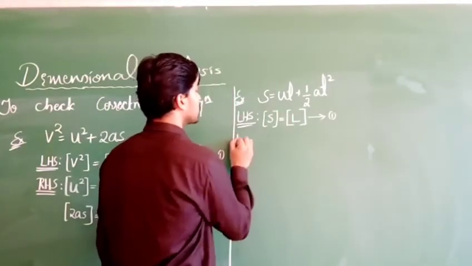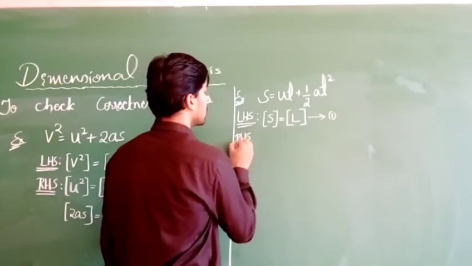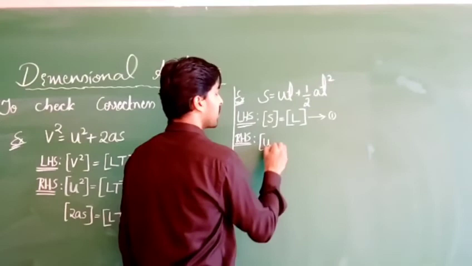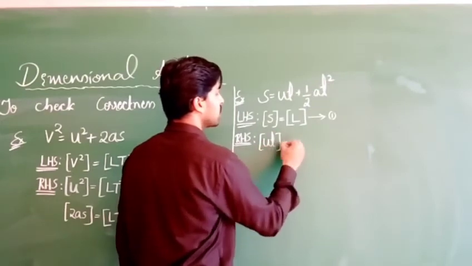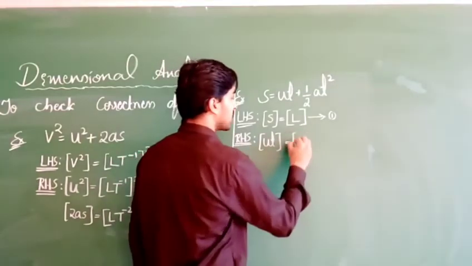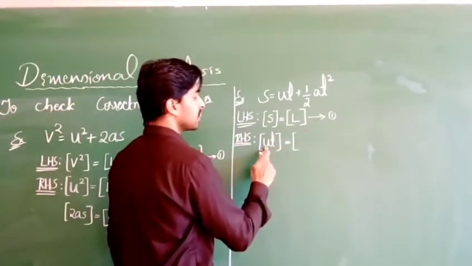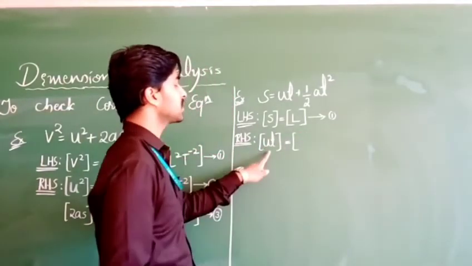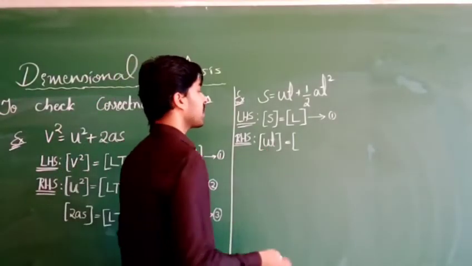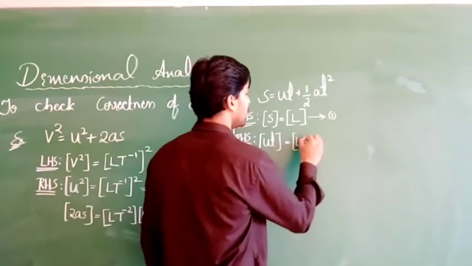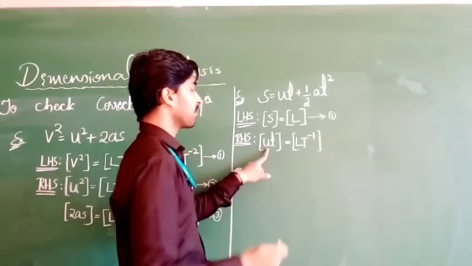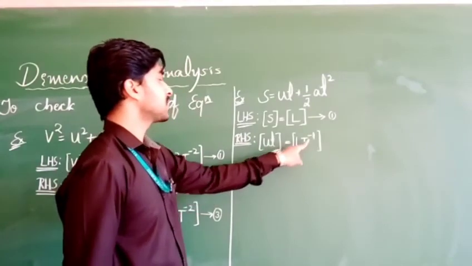Next, in RHS, what are the things we are having? Just check. In RHS we are having the first term ut. So apply dimensional analysis for ut. U is initial velocity, t is time. So u is basically velocity, so I can write u as L t to the power of minus 1, displacement by time.